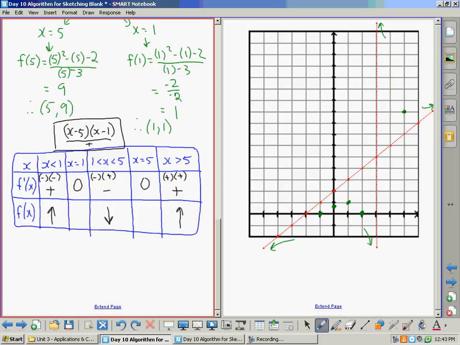And so now I can confirm what I had guessed already when doing the graph, that at this point here, we see that it is increasing before, decreasing after, which means this must be a local max.